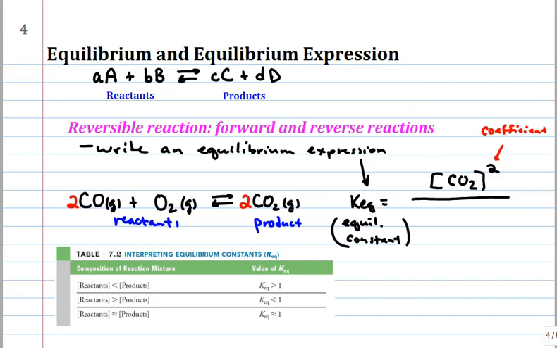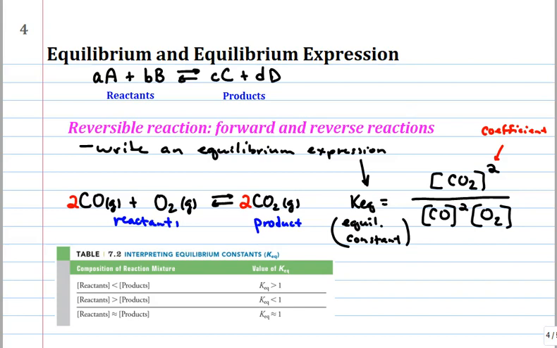That will be divided by the reactant, so the product over the reactant. So this will be the concentration of carbon monoxide squared, again because that's a coefficient of 2, times the concentration of oxygen.